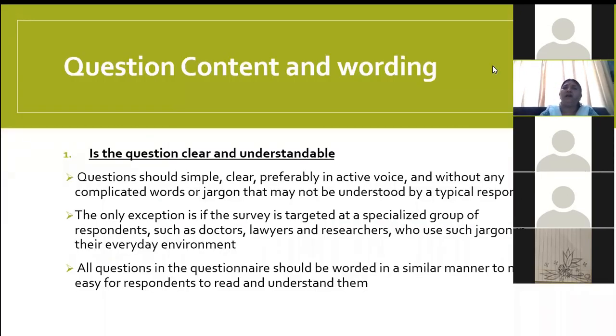Then as I mentioned, you have to scrutinize each and every question. You have to examine whether the question is clear and understandable. So after examining each question, you have to check whether the question is clear and understandable. So questions should be simple.